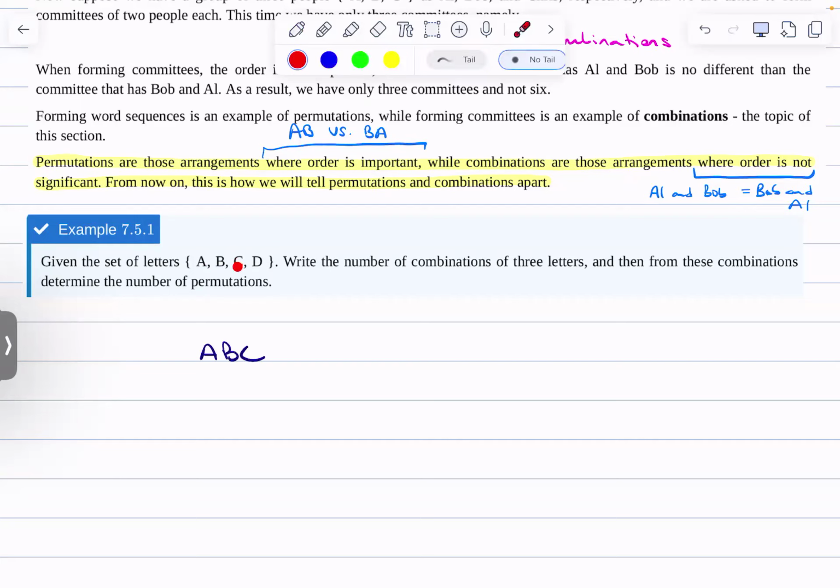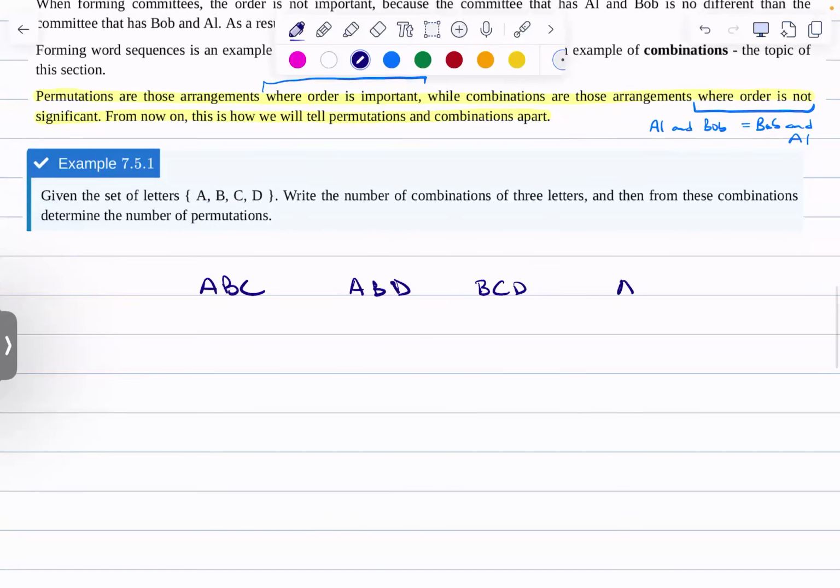ABC, then I'm going to change one: ABD. BCD. And I don't think I have an ACD. It's easier if you do them in alphabetical order, because the order doesn't matter.